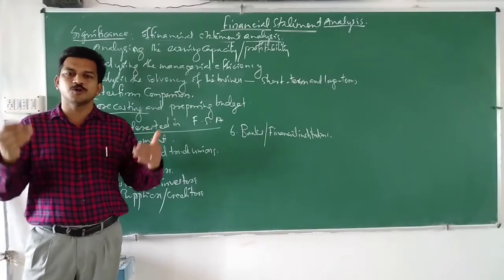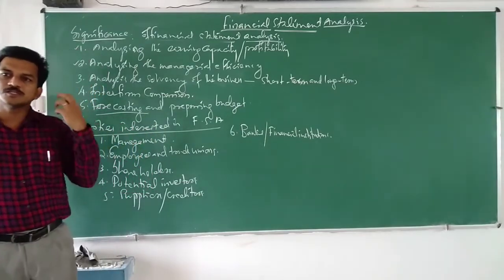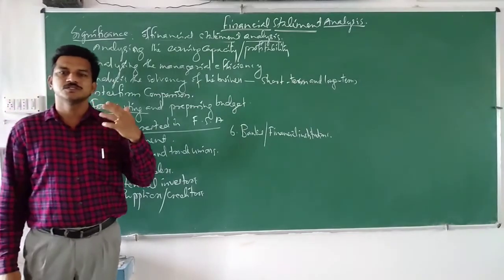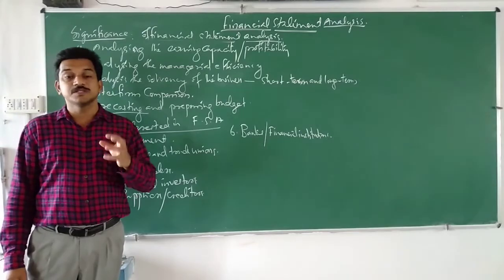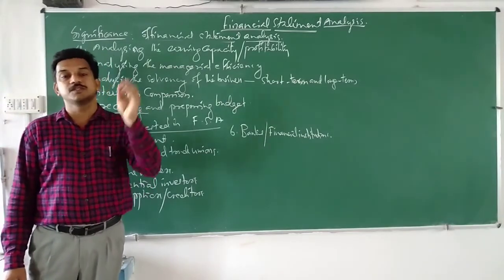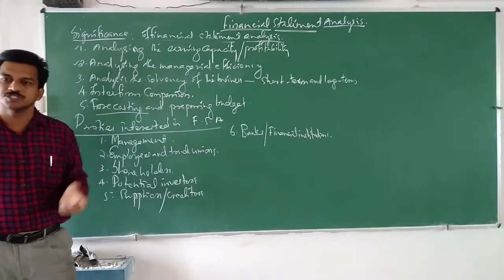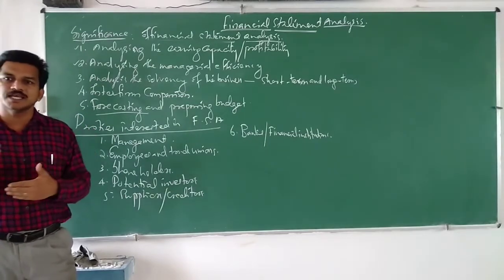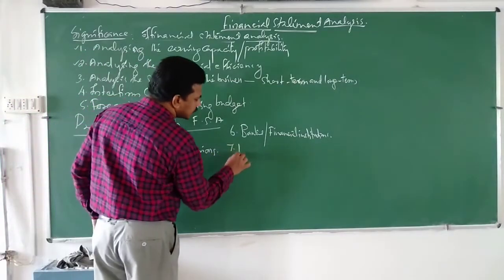And if they approach for further credit, whether it is possible to allow them credit. That means whether they will be able to pay back the money. That means whether they are credit worthy or not. Credit worthy means ability to pay back the obligations. So banks and other lenders will check. Then another category we can say is researchers.